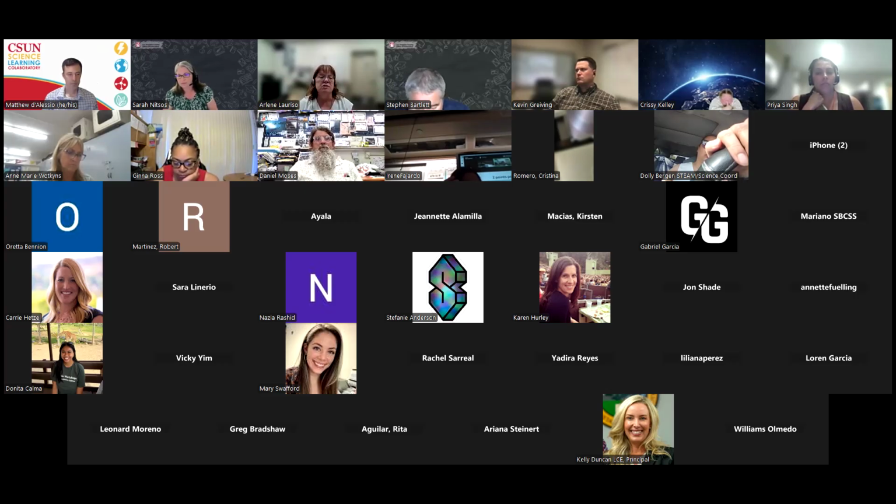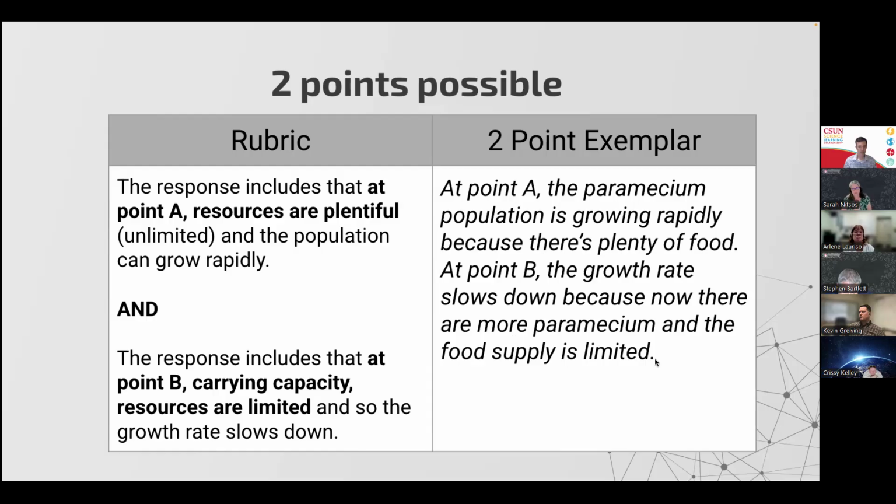In addition, the student has to state that at point B, where it's the carrying capacity, there's now a limit to the resources, which limits the population because there are not as many resources to support a higher population. The exemplar they're giving is that at point A, the paramecium population is growing rapidly because there's plenty of food. And at point B, the growth rate slows down because now there are more paramecium than the food supply, and the food supply is limited. So that's why there's a decrease.